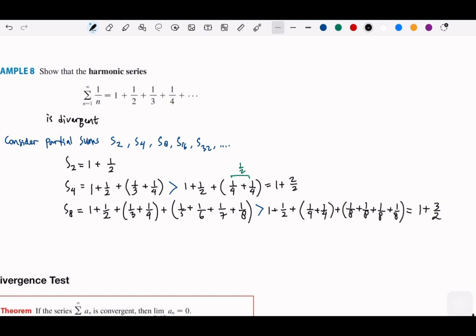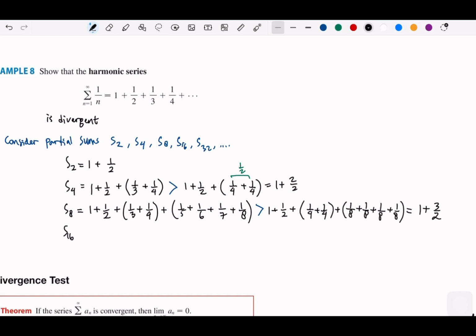Notice that when we have the S16, since this is the multiplication of 2, the power of 2, we are expecting that the next term will have 1 plus 4 over 2. Aside from this, the 16 will have 1 over 16, 1 over 16, 1 over 16, while in this part, we still have 1 over 9, 10 until 16.